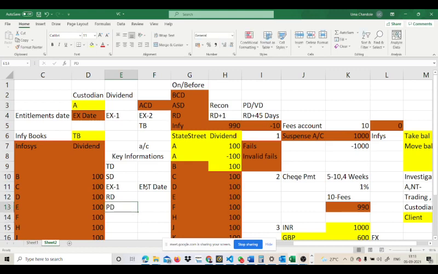Instead of payment date I would say value date, payment date. There is a difference between value date and payment date. Payment date means processing date, and the value date means the actual payment date.